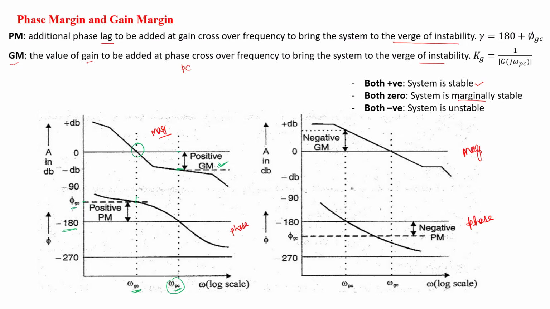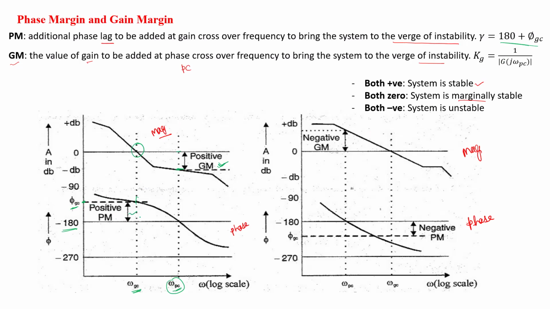This is phi at gain crossover. That value is added to 180, which gives us the phase margin value. Here the point is above the minus 180 degree line, so it is a positive value. So both are positive here.